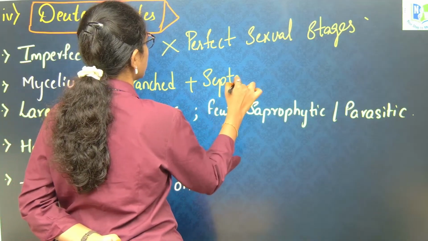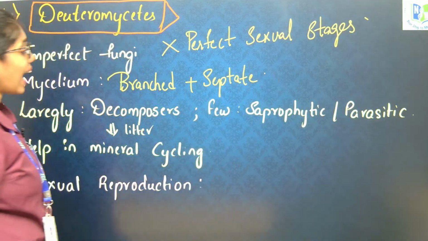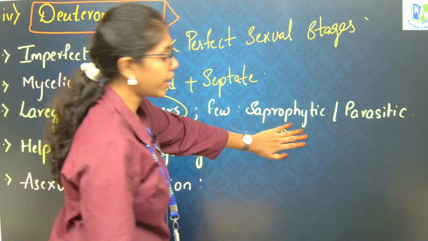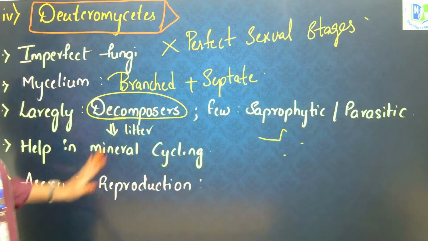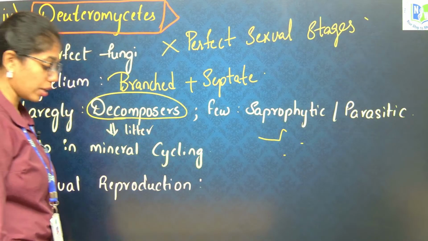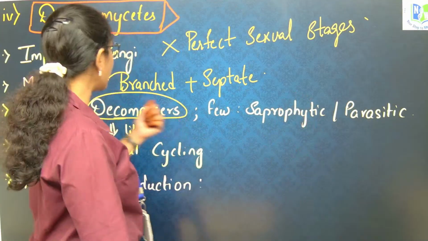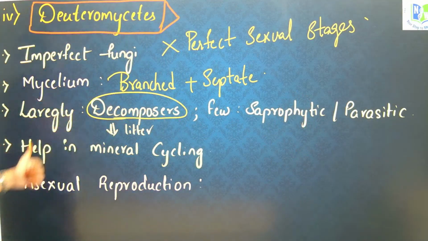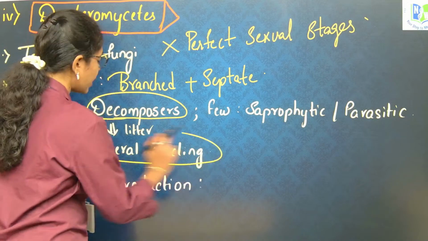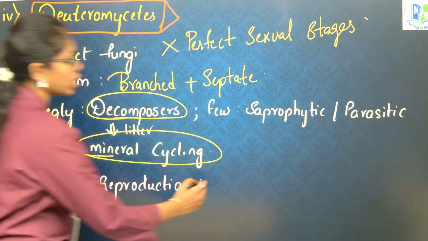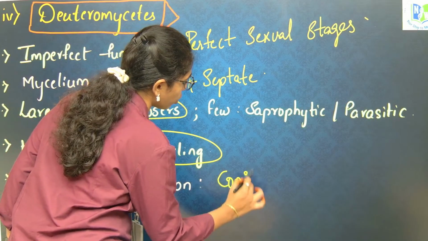They are largely decomposers; a few of them are saprophytic and parasitic. Those members whose mode of nutrition is decomposition help a lot in mineral cycling, and asexual reproduction is through conidia.